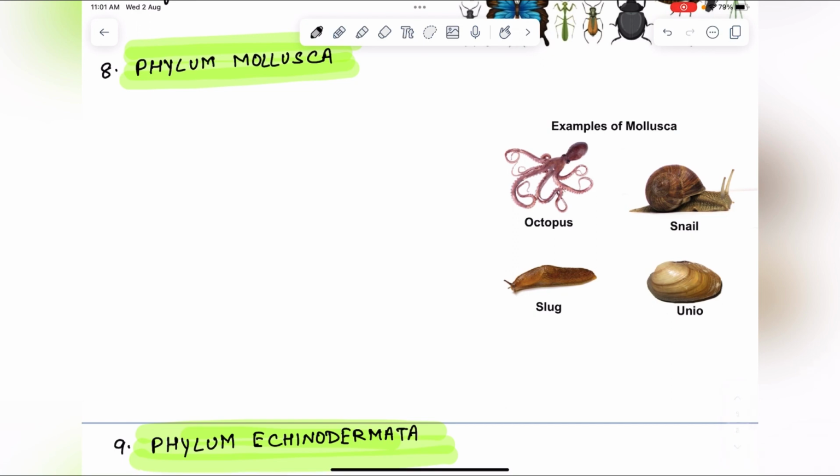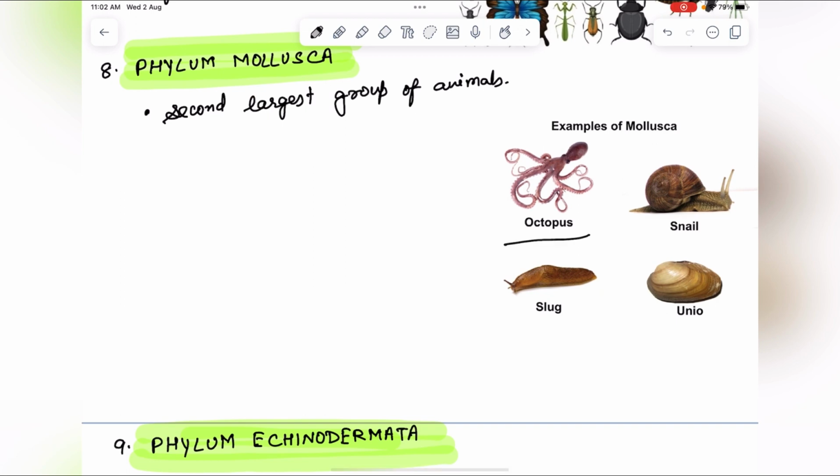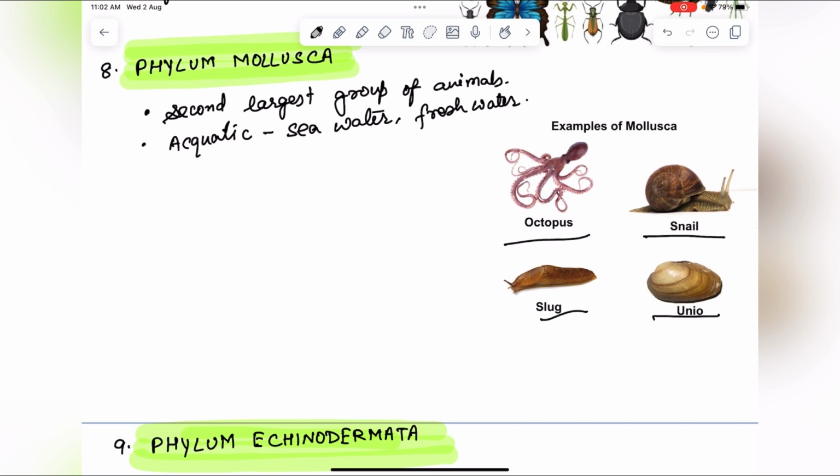Now in this phylum, this is the second largest group of animals. They all are mostly aquatic. Octopus, snail, slug, all these are living in the sea water and some are in fresh water. Their body is soft and unsegmented.